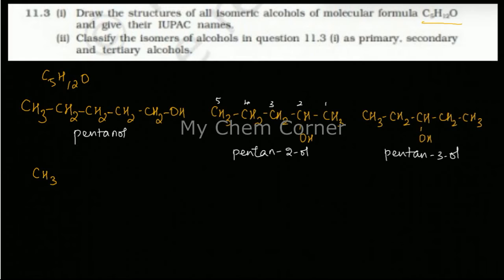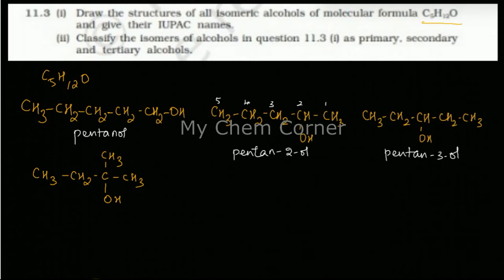So I'll get CH3, CH2. One of the carbons I'm going to shift on position number 2 and I'm going to draw this. So what happens here, one of the terminal carbons I push to another position and I have an OH over here. Alright, now that is also going to be one of the isomers, because if you count and see, 1, 2, 3, 4, 5, 5 carbons are there. 3 groups where 3 hydrogens are there, that makes it 9, 10, 11 on this carbon and 12 on the OH.